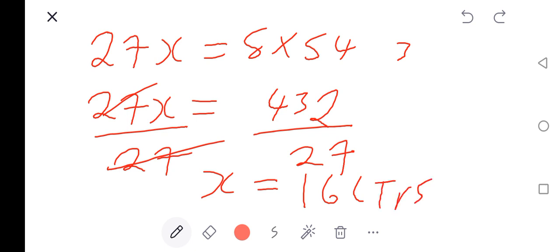Tell us how you found it. Very easy. There are so many ways in which you can do this. You can reduce. If you want, maybe the easy way is reducing. You can use long division, but just try this.